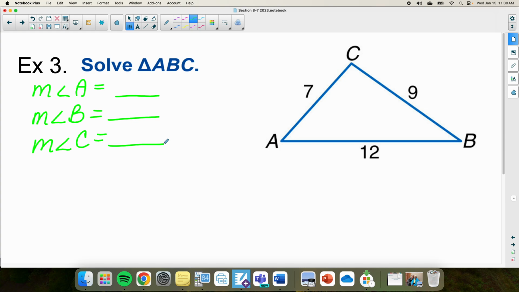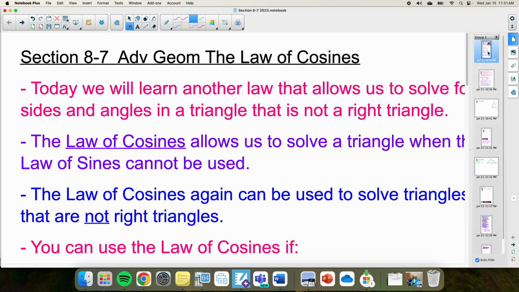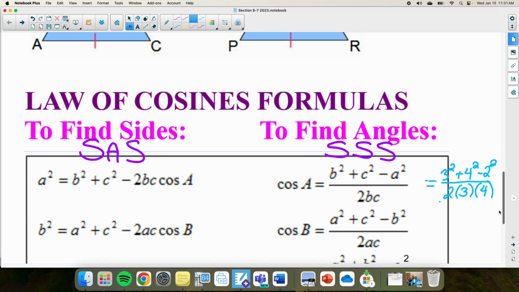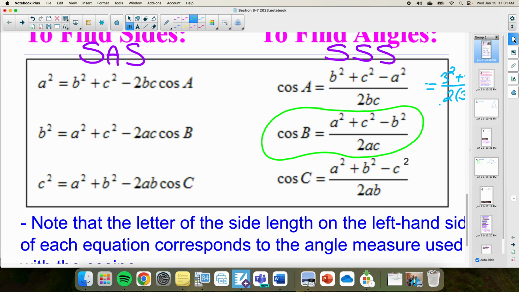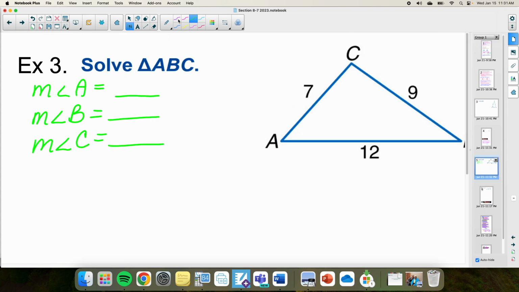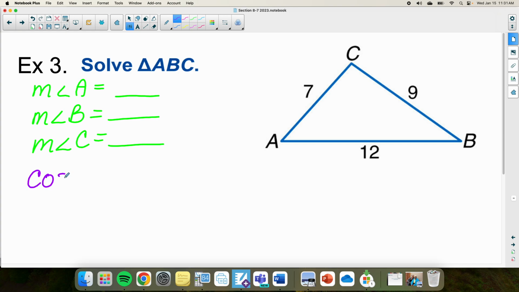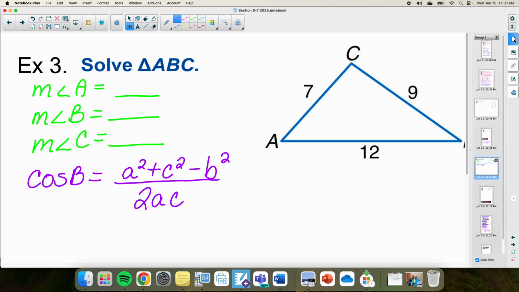B. What I would do, and I'd have your cheat sheets out if I were you, so you have these formulas easily, is use this formula right here for angle B. I just want to make sure I get it right. Going back here, it was cosine of B equals A squared plus C squared minus B squared over 2AC. Is that right?